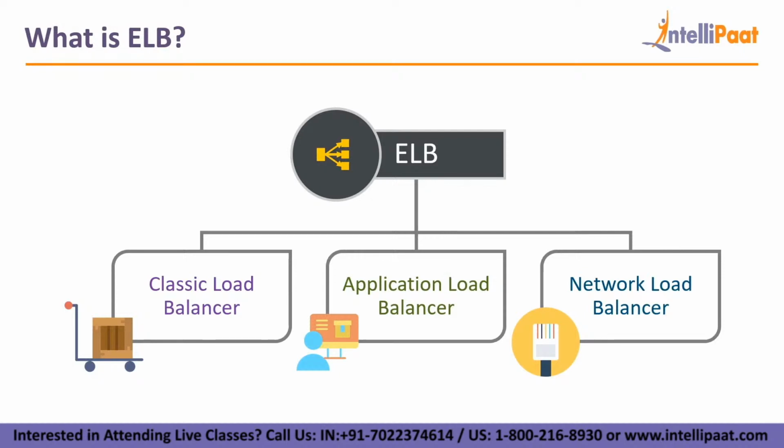Now coming to application load balancer, as I said, you will have two different applications, maybe in the same server or two different servers. You can set up the load balancer so that whenever one particular application is chosen, it will take you to that particular location. If another application is chosen, it will take you to another location. Network load balancer is another type of load balancer which is used to balance the load when a particular port number is used.